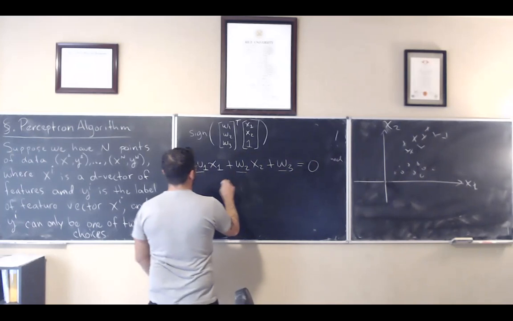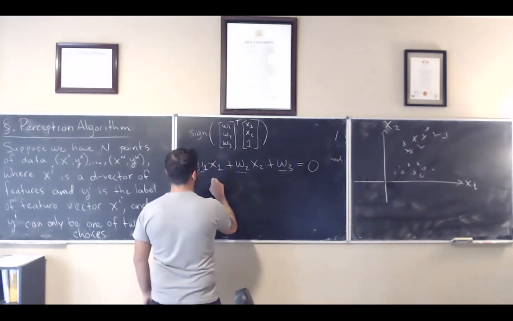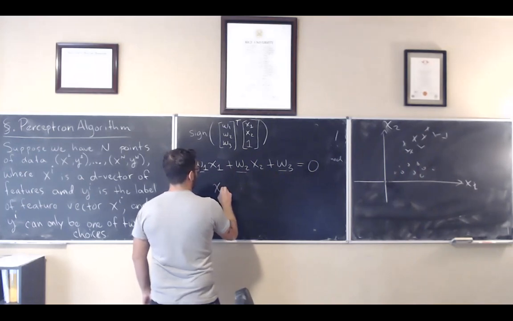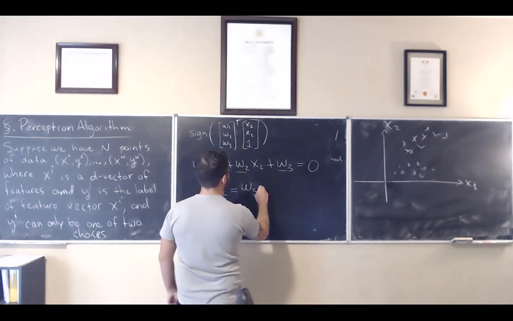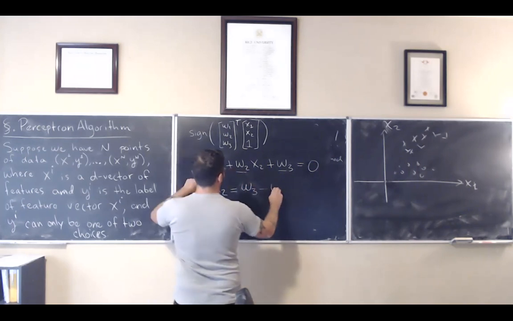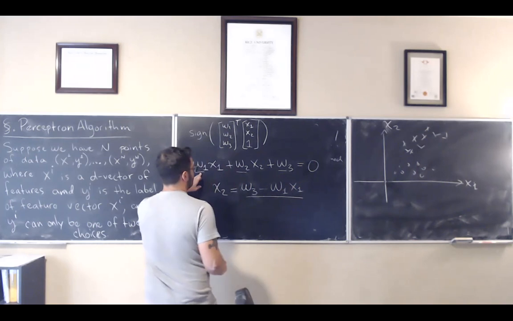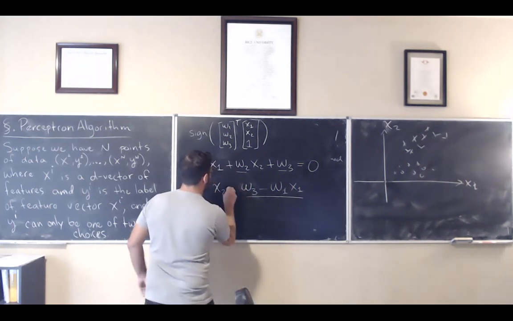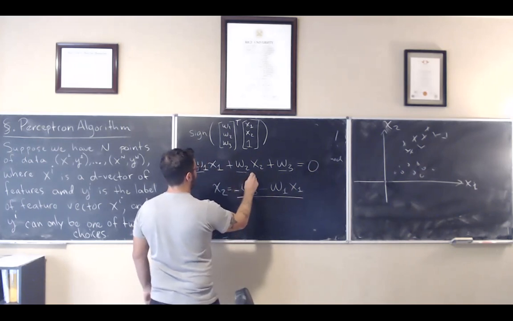So then subtract W3 on both sides. So x2 is equal to negative W3 minus W1 times x1, divided by W2.